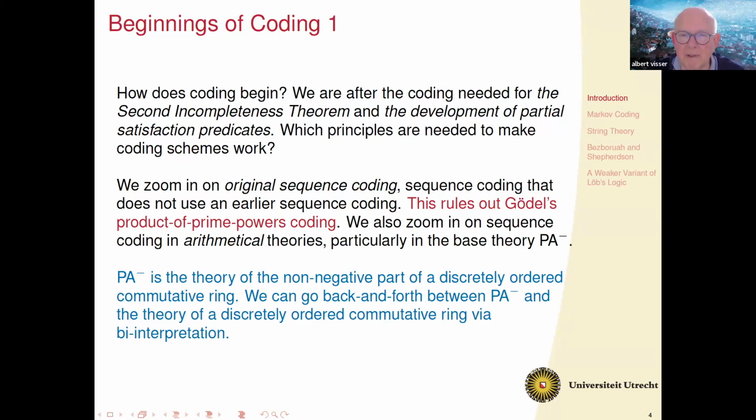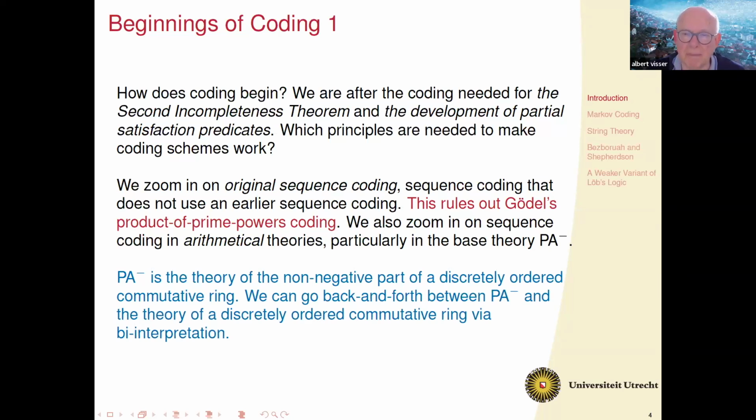And what I'm after is original sequence coding, the kind of sequence coding that doesn't use sequence coding to define it. For example, in Gödel's paper, he codes sequences as products of prime powers, but to do that, he needs the beta function to define prime power at all, and the function, the nth prime.